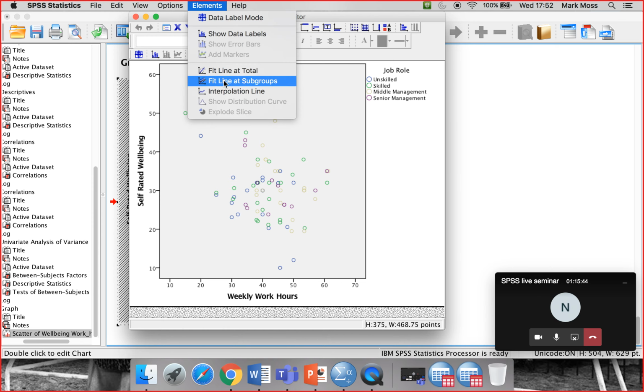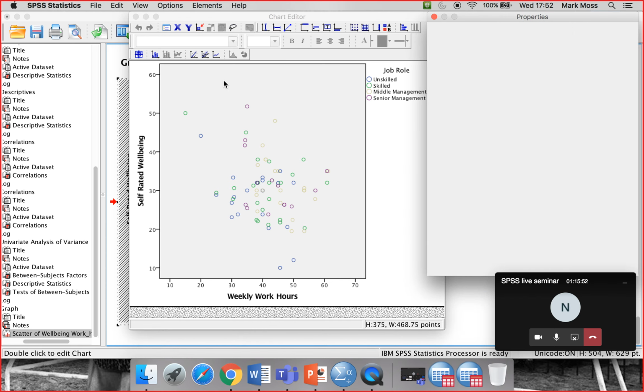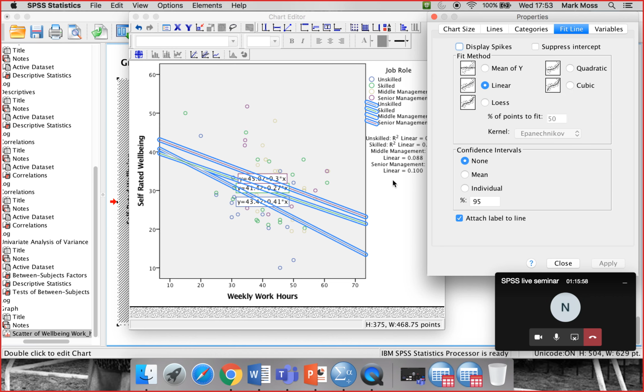I can now fit line at subgroups, which will give us a line of best fit for each of the 4 subgroups. I'll remove that and apply, and close.